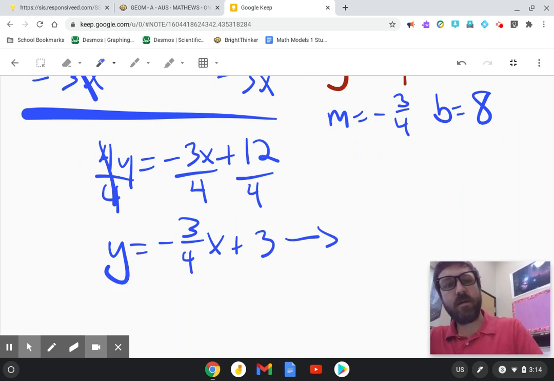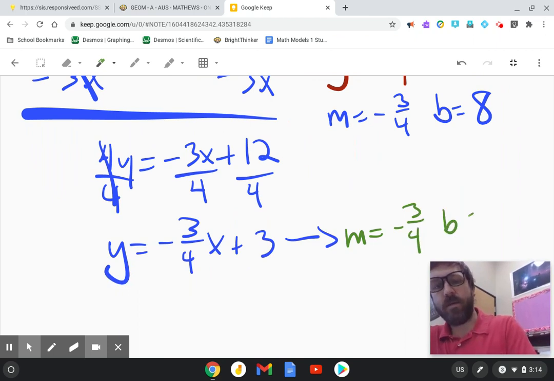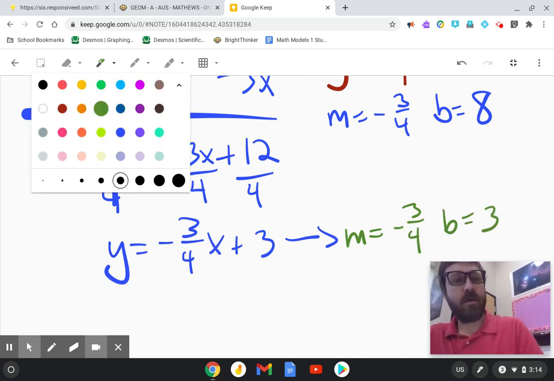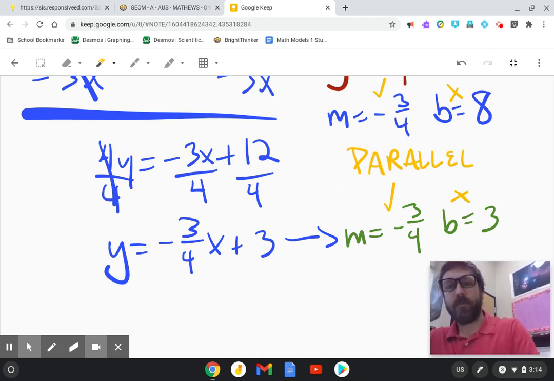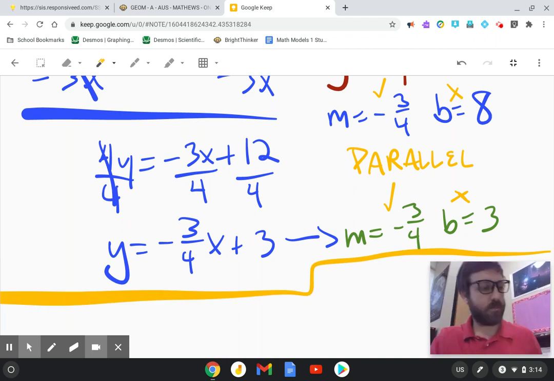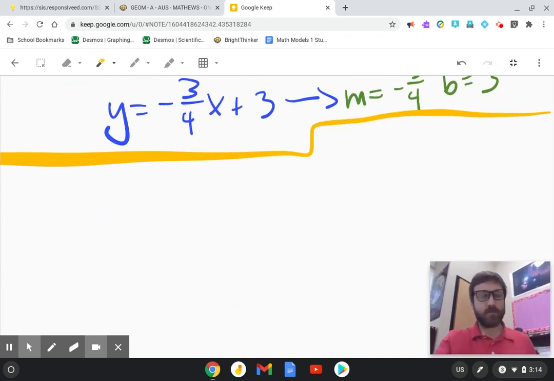And so in this line, I have a slope of negative 3/4 and a b of 3. And so looking at these two, I see they have the same slope, different y-intercept. So then that's going to be parallel as well.